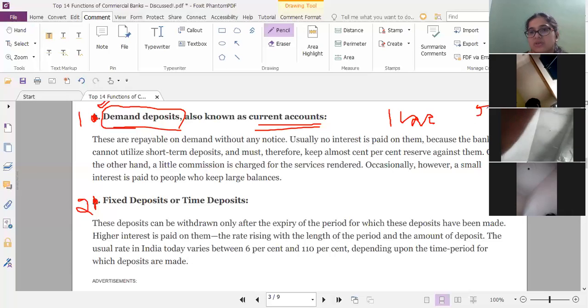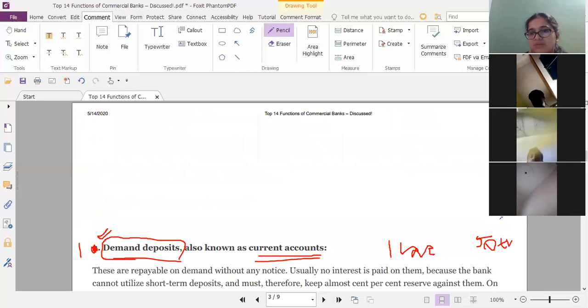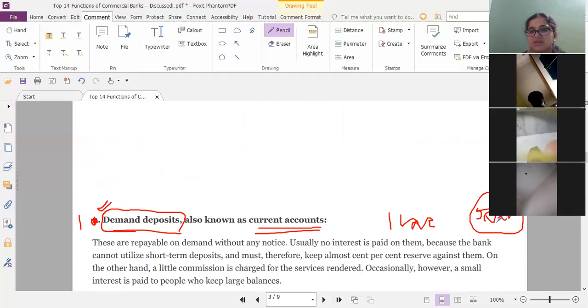You can go and ask for this 50,000 anytime. Anytime, in the sense of the bank's timings, that is 10 to 3, or 10 to 4.